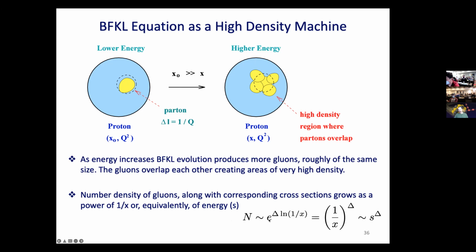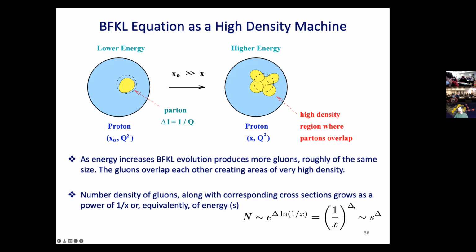So if we write the solution of the BFKL equation, and that's actually true, with some caveats, for the solution of the full BFKL equation, but here it is the solution of a toy BFKL equation, where delta is what we used to call the kernel, or alpha s times the kernel. So think of it as some number here. The solution is just an exponential, but the exponential of a log is just a power of 1 over x.